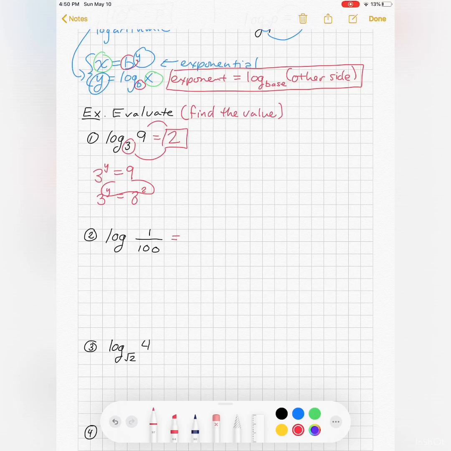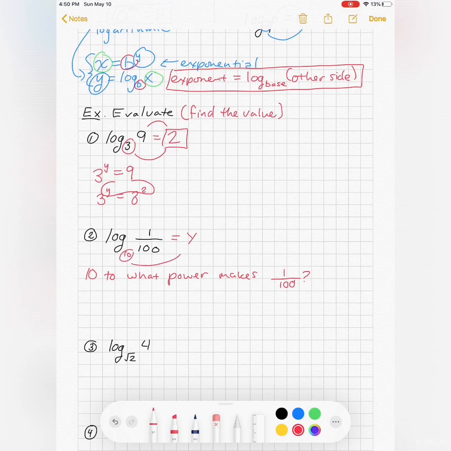So like this next question here, this is saying, the question is 10 to what power makes 1 over 100? Okay, I know the answer. The answer is negative 2. I mean, I can start by writing something out.